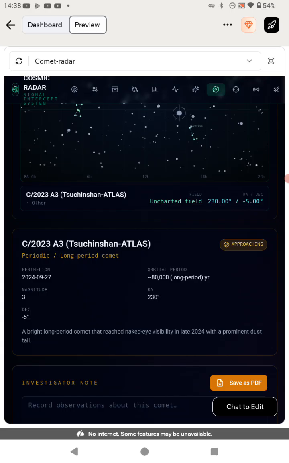Okay. Now, 2024-0927, negative 80,000, long period year. Now, again, I can't read what's above the 3 or above the 230 degrees. And again, on the minus 5 degrees.